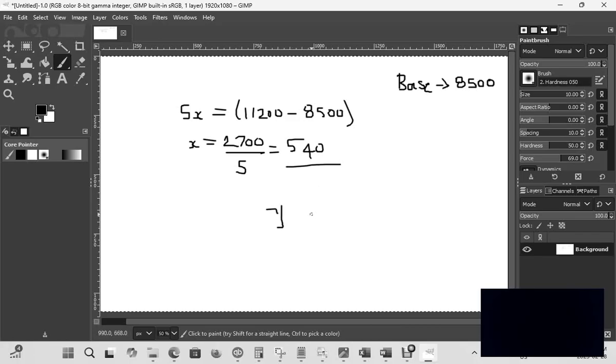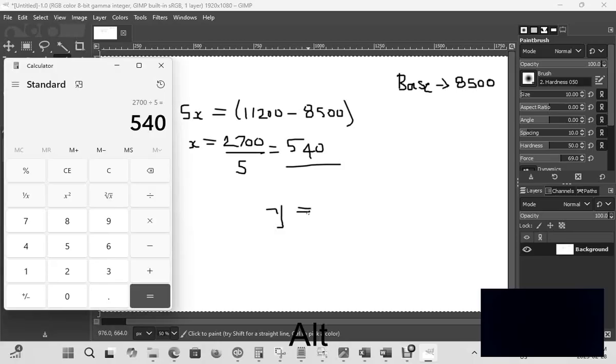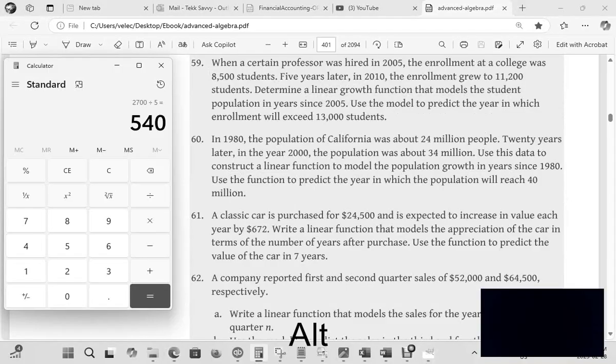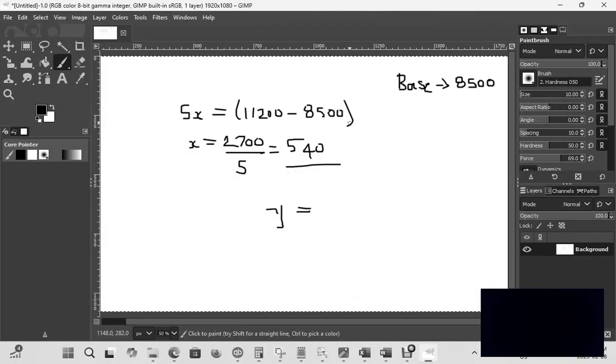So 540 students altogether. All right, so 540x. So y, which is basically your total number of students, y equals 13,000 students. They want the year. Our equation will be y equals 540x plus your base, which is 8,500.